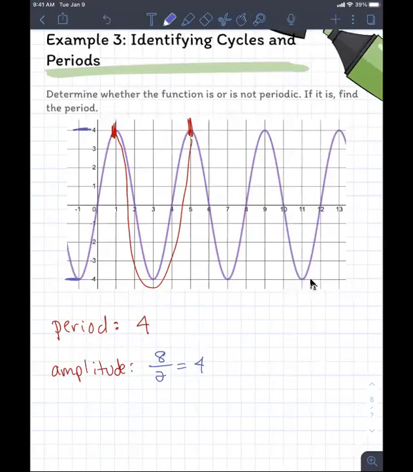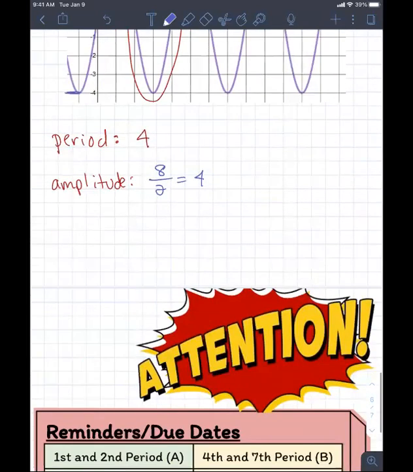At 101, like the number of Dalmatians in the movie from a long time ago, we're going to move on to 8.2. So work on the 8.1 homework. I promise you'll be able to do all of it right now. And I'm going to stop our recording.